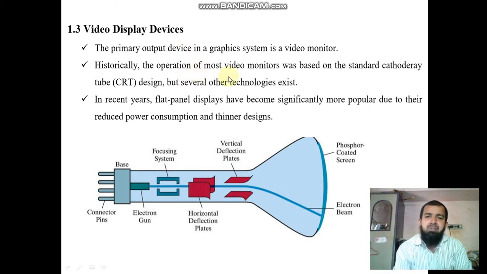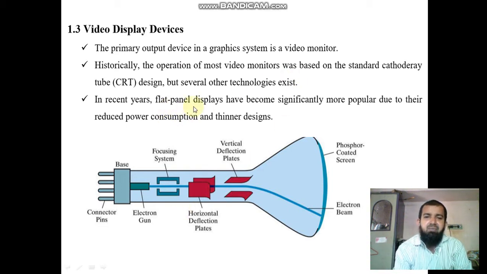Historically, the operation of most video monitors was based on the standard cathode ray tube (CRT) design. In earlier days, we used the CRT monitor. But nowadays we are not using any CRT monitor; we are using flat panel displays.